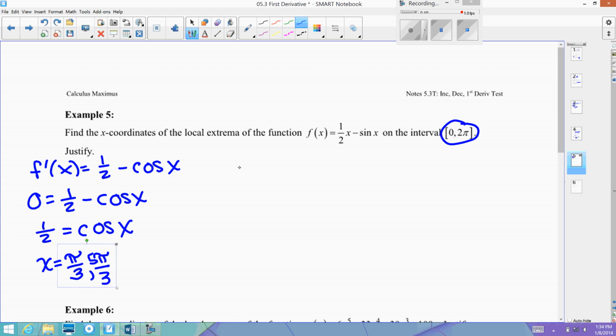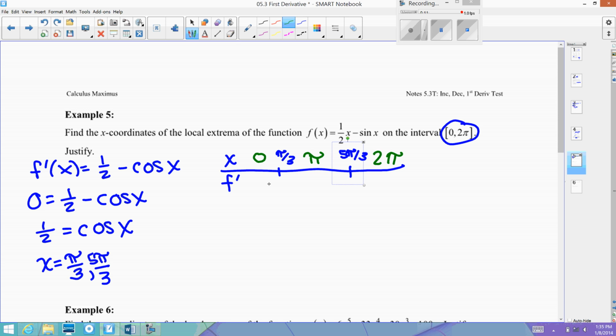All right, so we need to use our little chart for our first derivative test. So we have our one critical value here. We have another critical value here. Okay, we want to pick some points in between them. So a good one on our interval would be 0, maybe pi, and we could also say 2 pi.